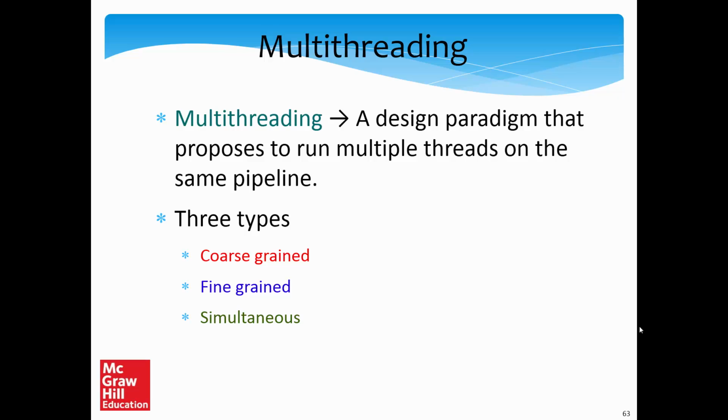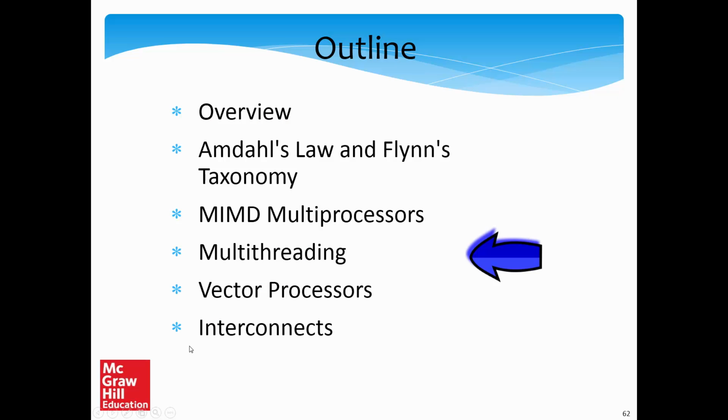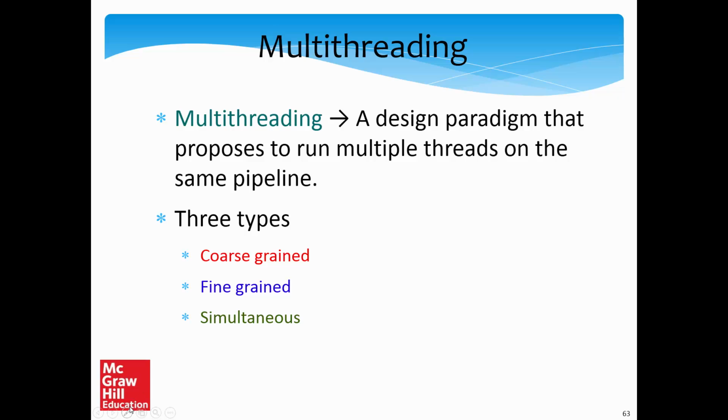So, recall that we have heard the word thread before. We heard it in the context of a running instance of a program. We differentiated between two terms at that point. One was a process, and the other was a thread. A process again was defined as a running instance of a program.